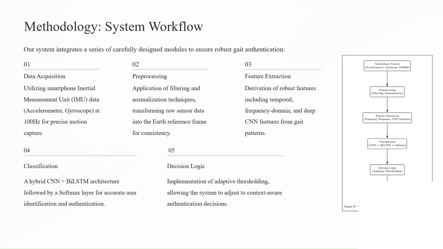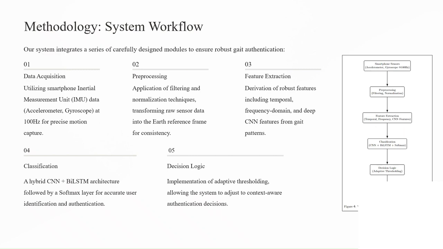The system architecture is modular, consisting of five stages. First, the smartphone sensors, accelerometer and gyroscope, capture gait data at 100 Hz. Second, pre-processing filters noise and transforms readings into the Earth coordinate frame.